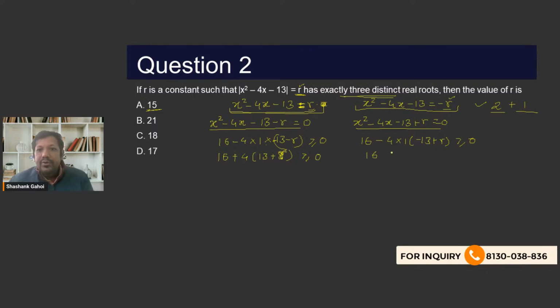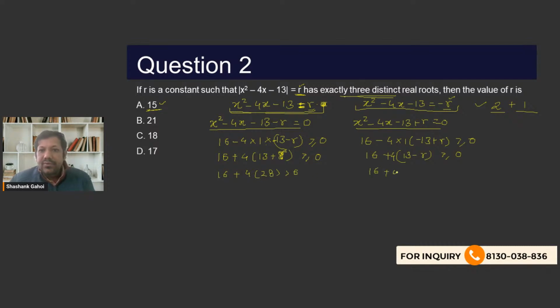And here I'm going to say this plus 4 times 13 minus r, and it is greater or equal to 0. So I'm going to plug in 15 over here. I get 16 plus 4 into 28. This is positive, so two roots.